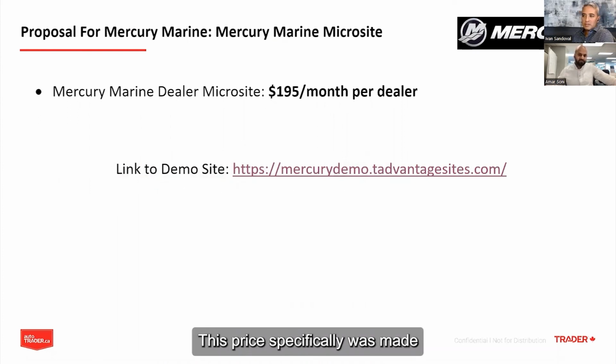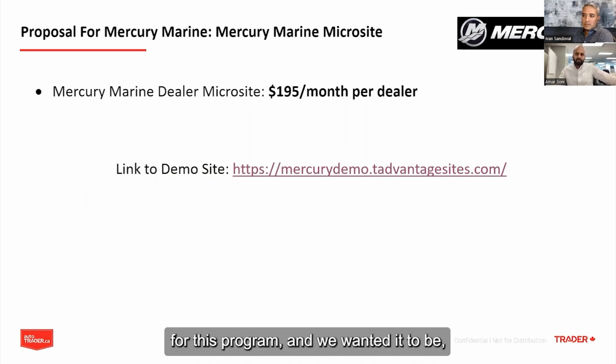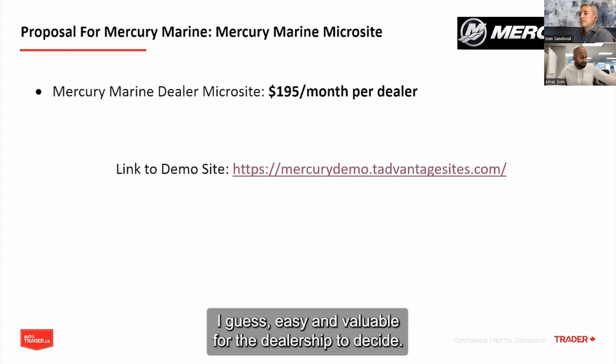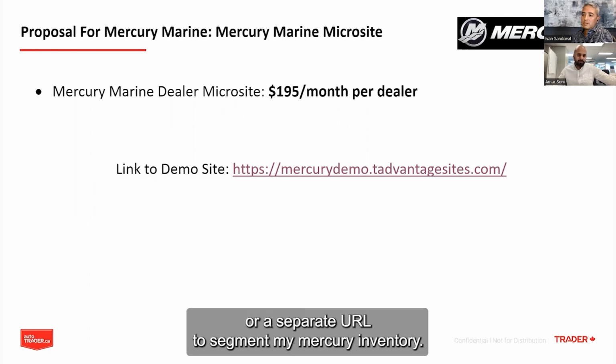This price specifically was made for this program, and we wanted it to be easy and valuable for the dealership to decide, yes, I definitely do want to have a subdomain or a separate URL to segment my Mercury inventory.